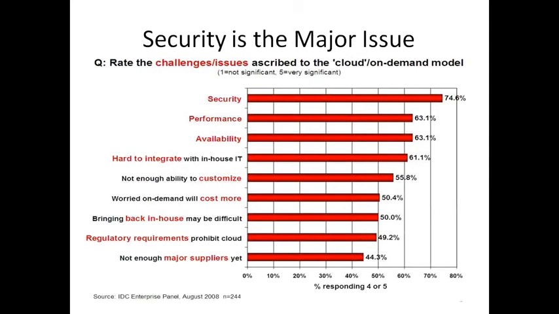As identified by IDC research in 2008 and again in 2010, security was and is the greatest challenge as far as cloud and the success of cloud is concerned, followed by performance and availability. Security comes first, quality of service comes next.